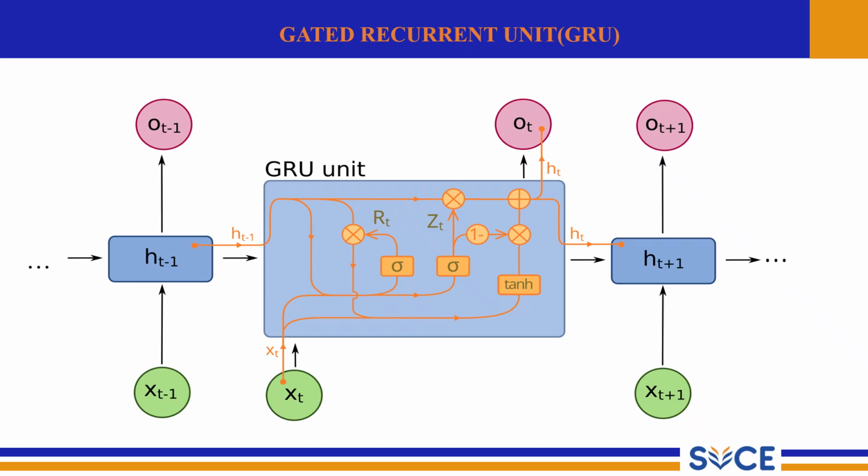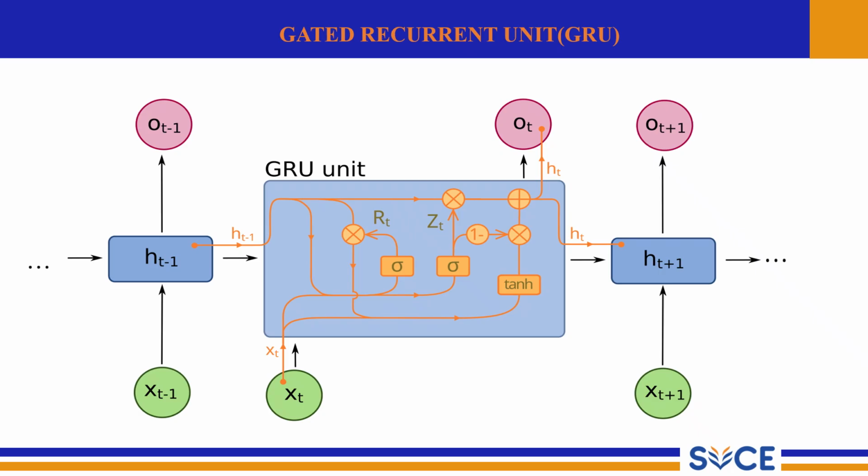For example, the current word in a sentence, and h_{t-1}, the blue box, represents the hidden state from the previous step, basically the network's memory of everything it has seen so far. The red circle o_t is the output at the current step, and h_t, the central blue unit, combines past memory and current input to produce a new refined memory state to pass forward.